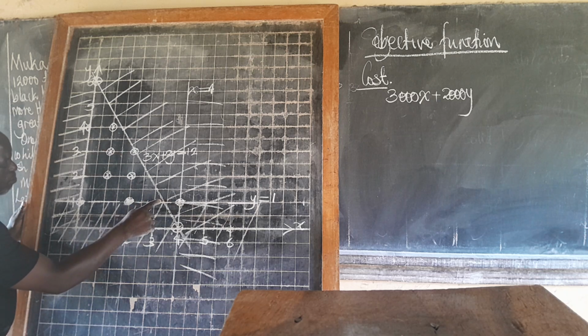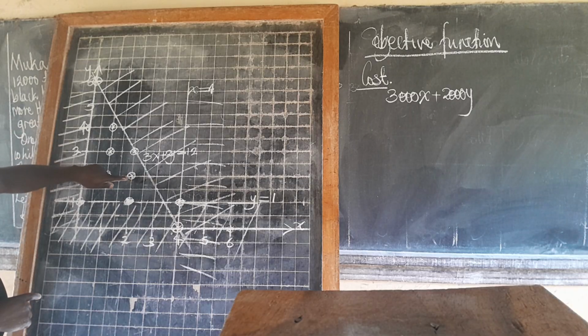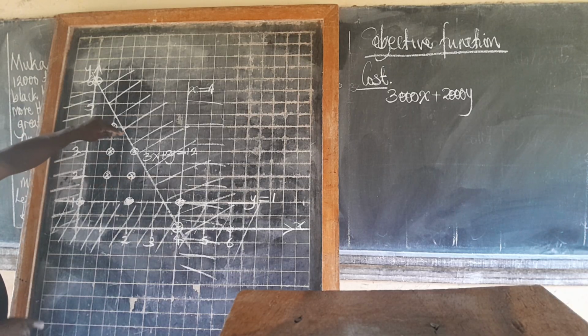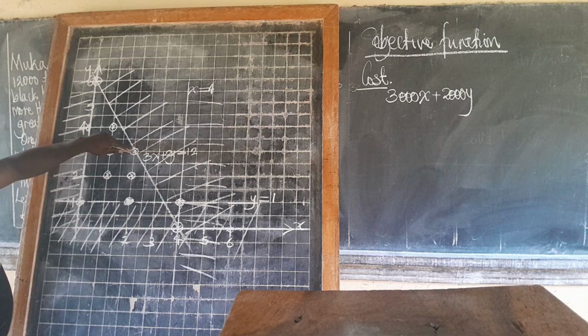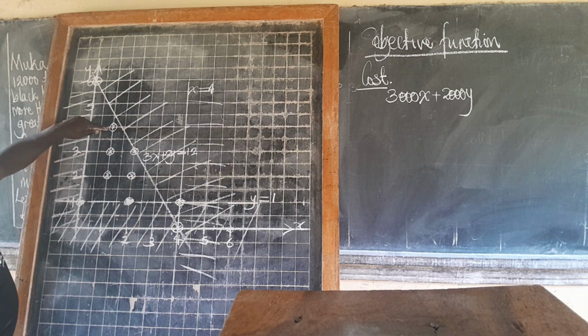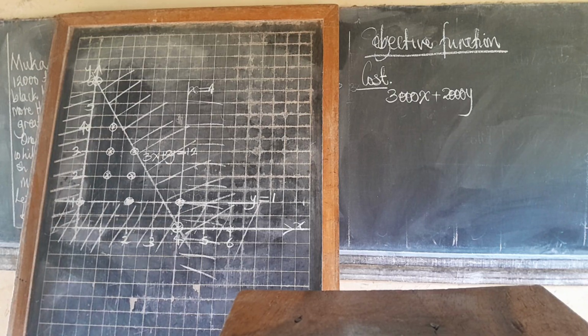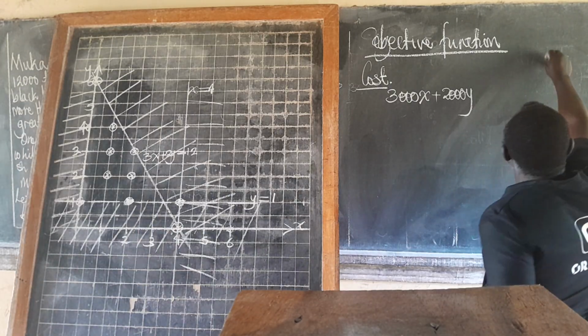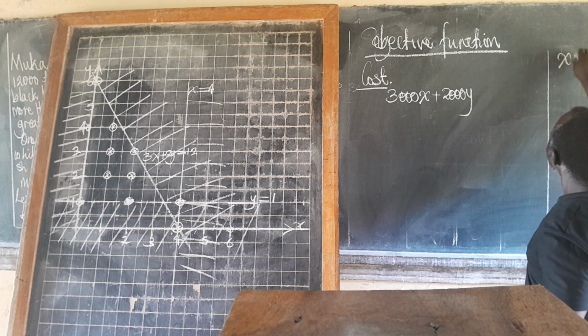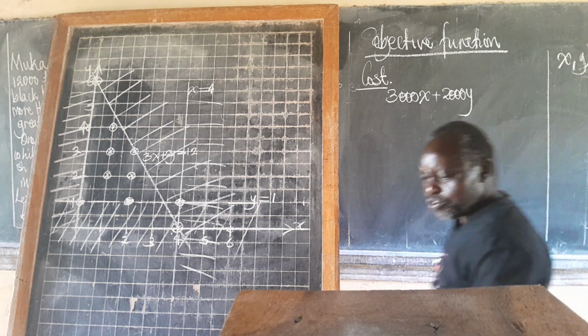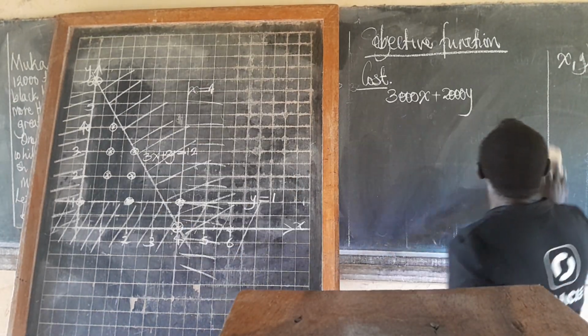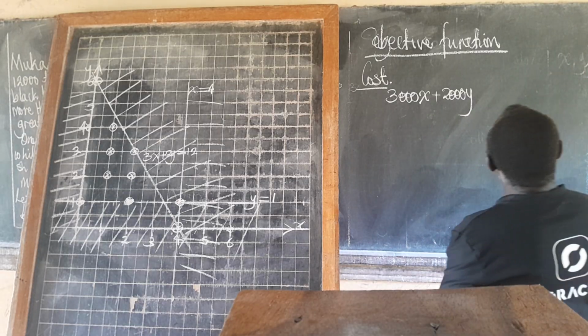Here we have this one. This point cannot be used because it is outside. Therefore, we have this point, near the vertex. Also, we have this point. Have you got me right? Therefore, the points we can use here are three. Now, the points we've seen, we have x and y.